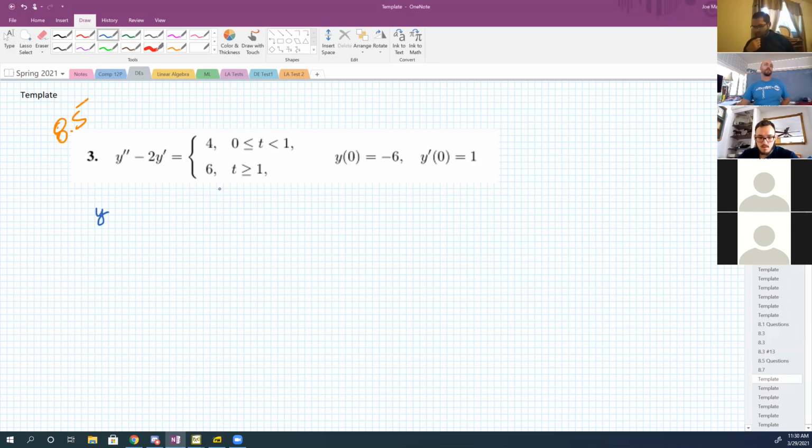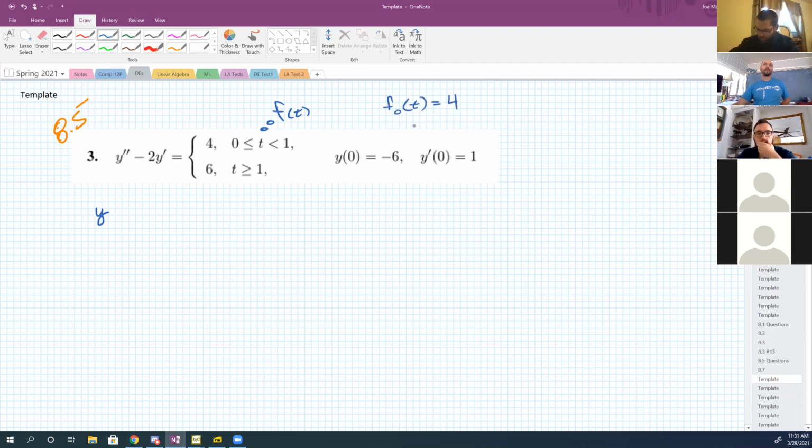If you call that whole piecewise function f, then they decomposed it into f0 and f1, with f0 being the top function, so f0 equals 4 and f1 equals 6.